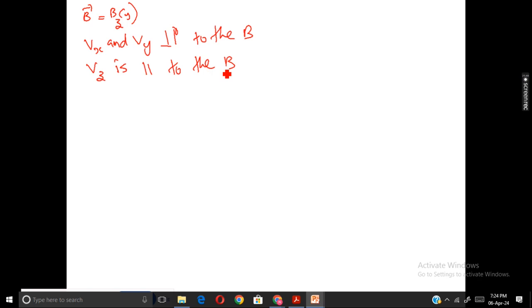The parallel component is not being altered by the magnetic field. There is no force acting along the parallel direction. That's what it basically means.